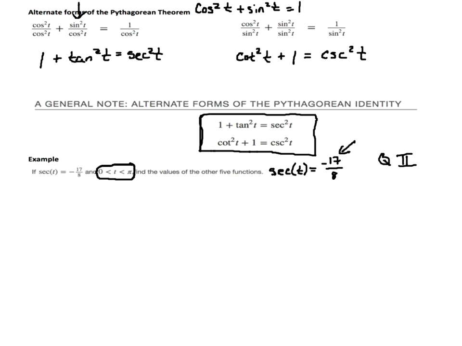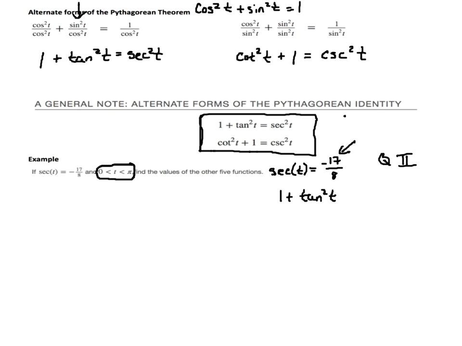Okay, so if I can figure out what my sine and my cosine values are, then I can figure out all the other trig functions from there. But I'm given my secant. So what I can do is use my Pythagorean identity that involves the secant and pull from there my sine and my cosine.